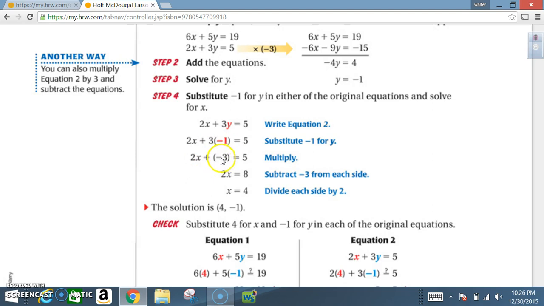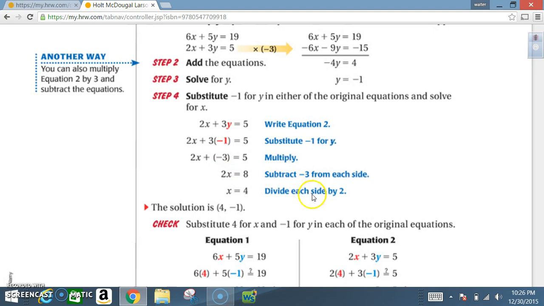That means we've got to get rid of that negative 3. So below it, I must put a positive 3 and a positive 3. A positive 3 when combined with a negative 3 goes to 0. 5 plus 3 is 8. I'm left with 2x by itself. So now I have 2x is equal to 8.